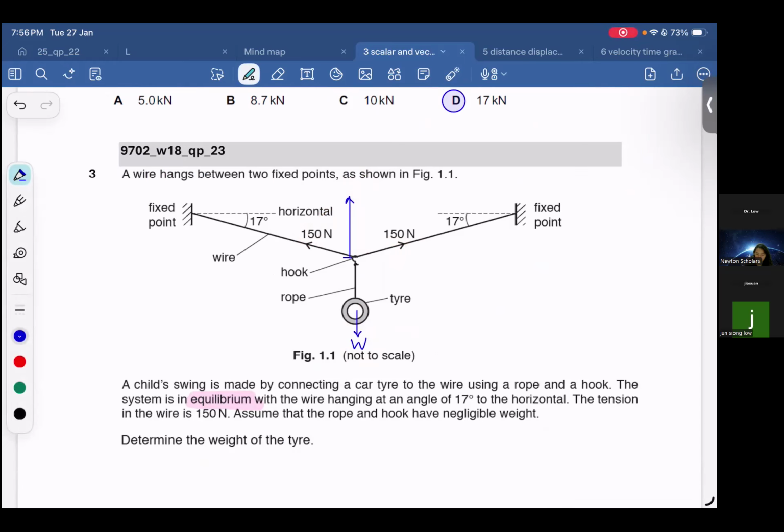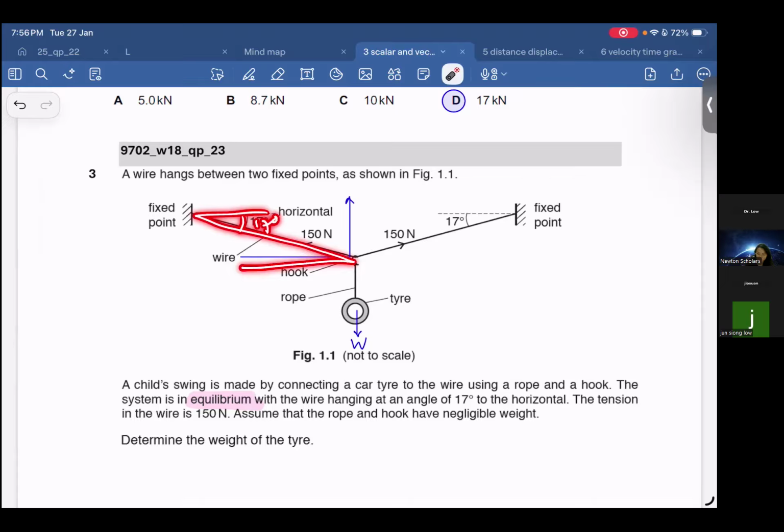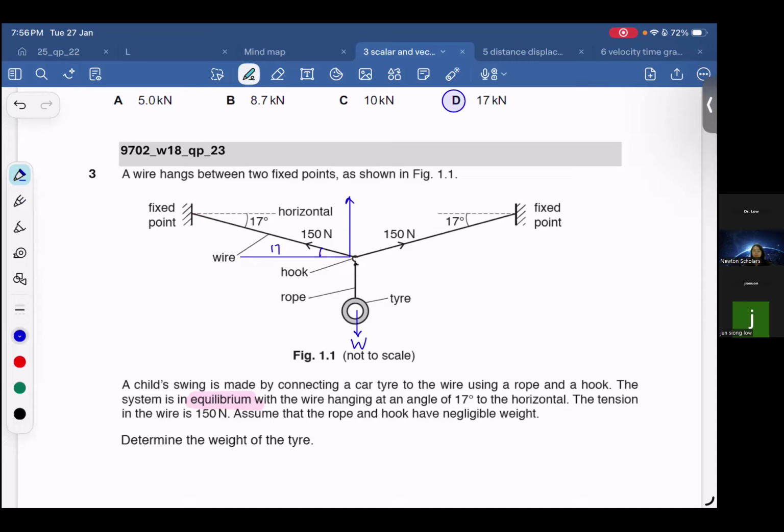Okay, so if you are using this, you see your mathematics, Z. Here is 17 degree. That means that this part is also 17 degree. On your right hand side, the angle at here is also 17 degree. You need to resolve your 150 Newton, the tension one.